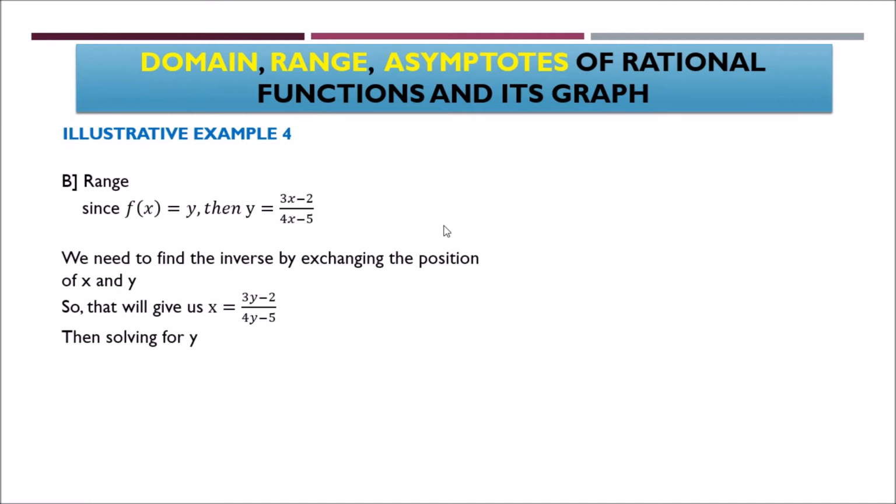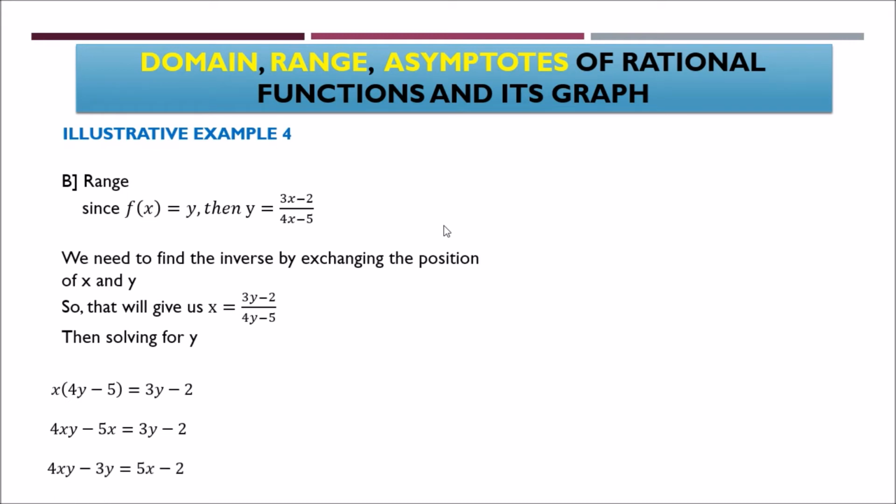Then solving for y, cross multiply: x times 4y minus 5 equals 3y minus 2. Then we have 4xy from multiplying x times 4y, and x times negative 5 gives negative 5x. So the left hand side is 4xy minus 5x, equals 3y minus 2.